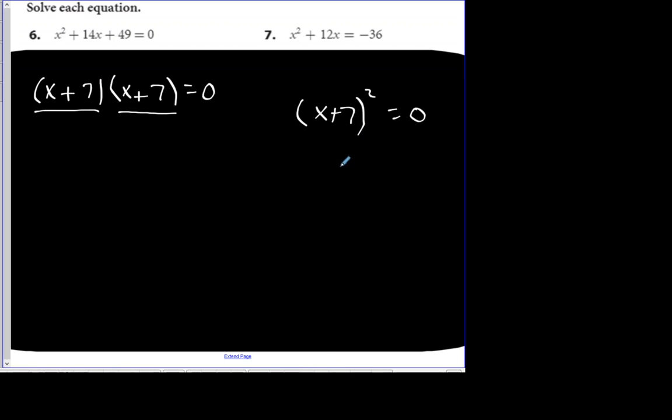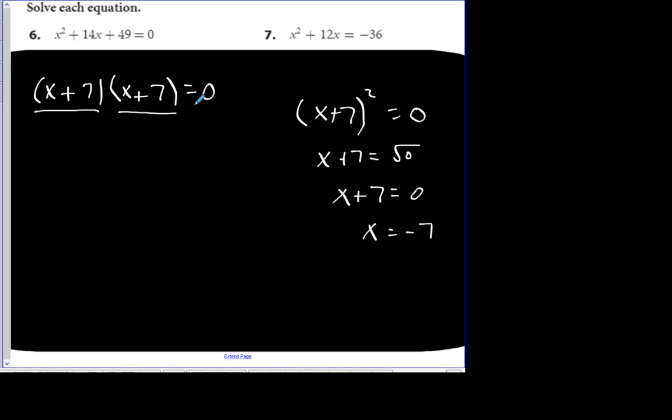Yeah, you could square root both sides, and you get x plus 7 equals square root of 0, and then x plus 7 equals 0, and then subtract 7 from both sides. Outstanding. So you could absolutely use the square root method to solve that.